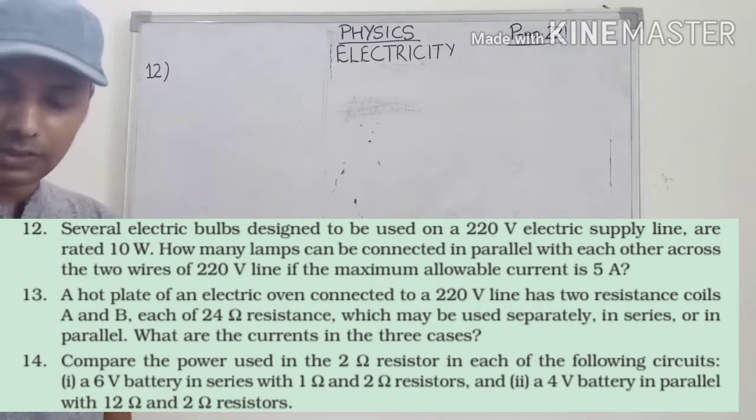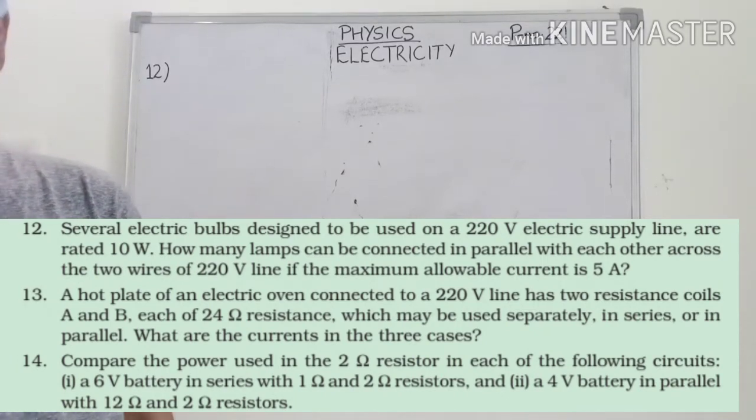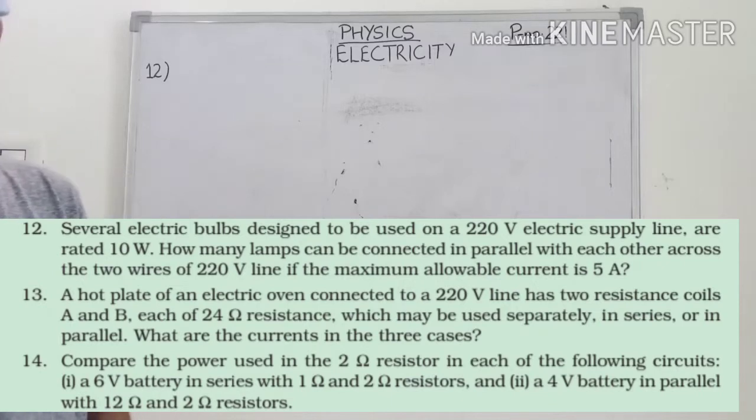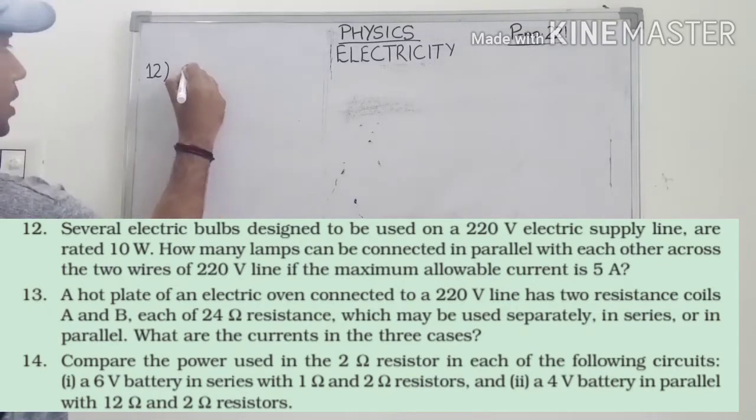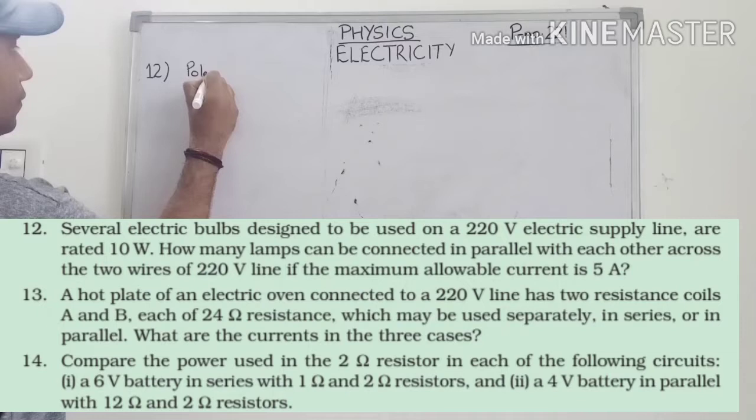In this question it is given here the potential difference of the electric supply line, it is 220 volts.